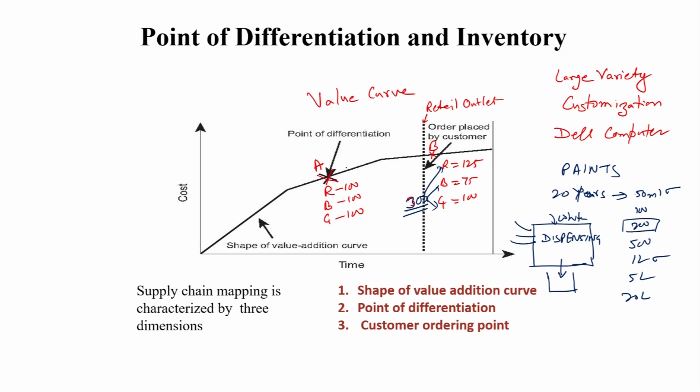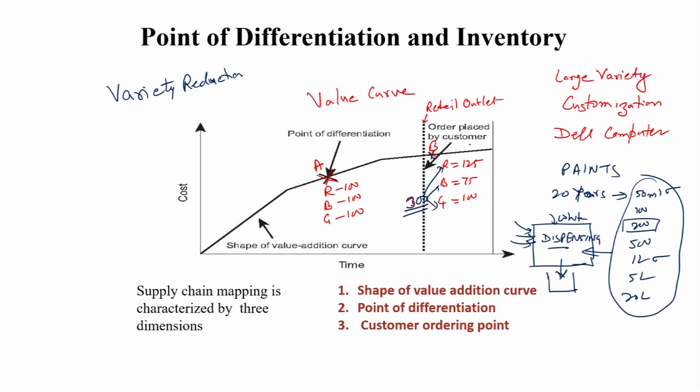If we can shift the point of differentiation after the customer ordering point, it helps substantially in reducing the inventory. This is a kind of variety reduction. Rather than keeping a variety of all the products as finished goods, you are keeping only one item, white paint, and with the help of these 3 tints, small shades, you are able to create the right color which is required.